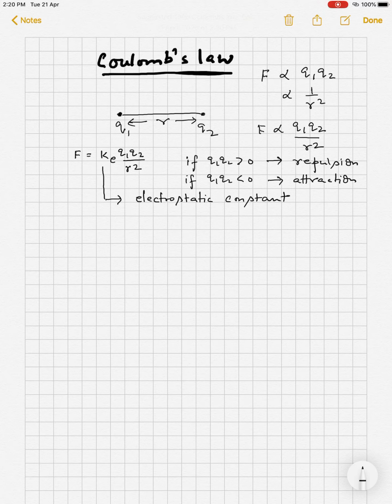Now the unit and value of Ke in SI system.